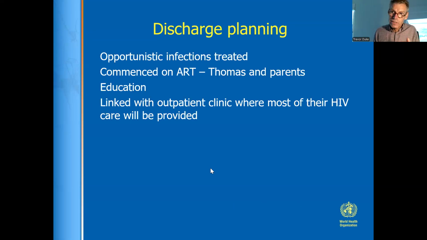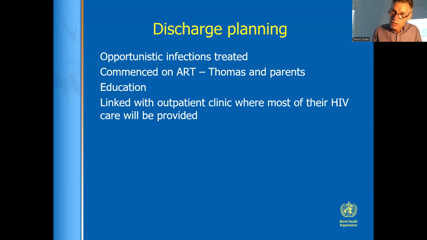We've talked about triage and emergency treatment, taking a history, doing an examination, making a diagnosis, laboratory investigations to confirm it, treatment, supportive care, and monitoring, both inpatient and outpatient. Discharge planning is very important for children with HIV and for any child who's got a chronic illness, because the care doesn't finish when the child is discharged from hospital.